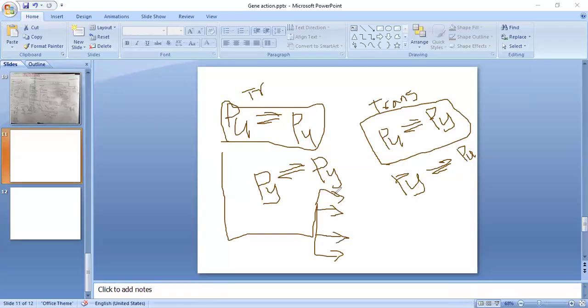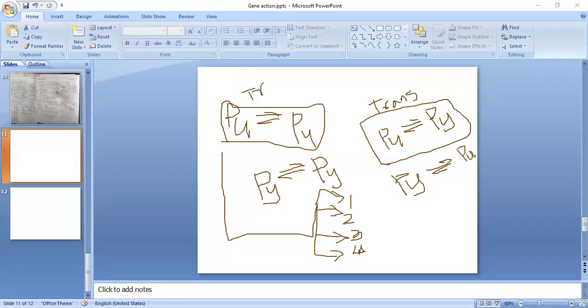So four types of processes are there under transitions. Transversions also take place by different alkylating agents and depurination. These two processes are relevant to the transversions.